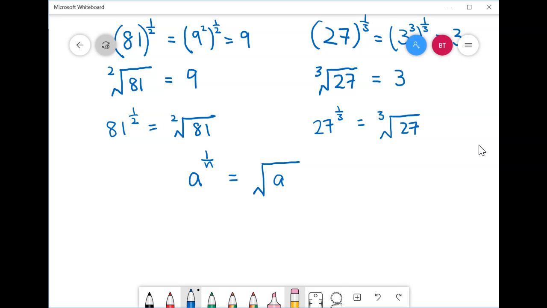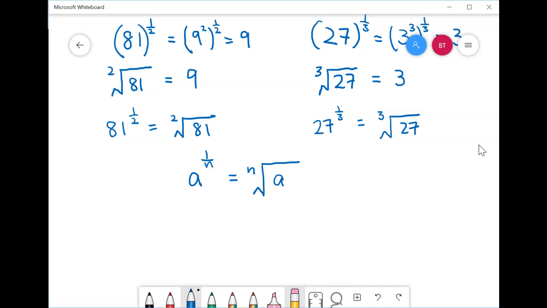When there is a power 1 over 3, it becomes the third root of 27, so the denominator in the power appears outside the root. Same thing with the power half: the denominator 2 appears outside the root. So if I have a to the power of 1 over n, it becomes the nth root of a.